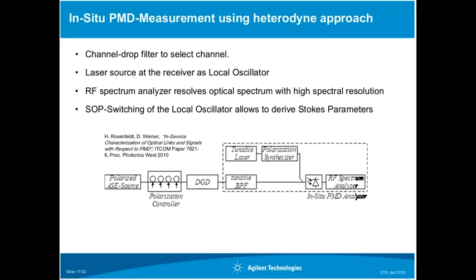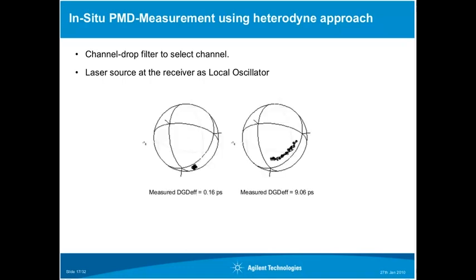Once you have done this, you have enough information to reconstruct the SOP trajectory at the input of the system. But this time you have a much higher optical resolution, and this allows you also to analyze narrowband signals like the 10 gigabit signals.